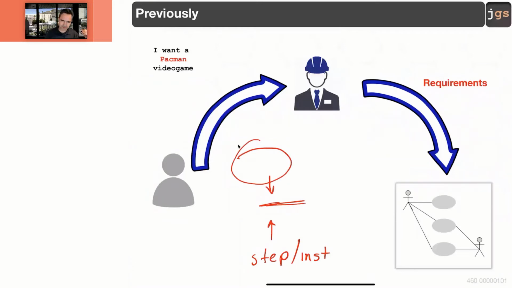You need to move and find this place. What are those things that follow the criteria of INVEST: independent, negotiable, can be tested, small, etc., and those conform your requirements.